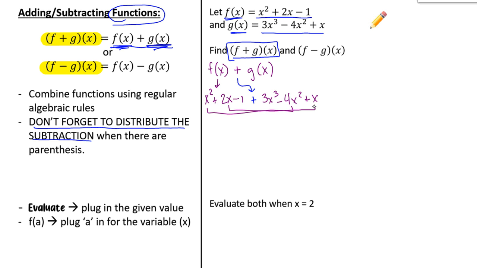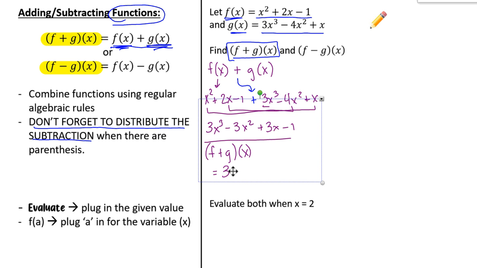These guys and these guys are similar. 3x cubed, nothing, so we're going to have 3x cubed minus 3x squared plus 2x plus 3x altogether, and then minus 1. And this right there is f plus g of x. That's the actual function that's formed by adding those two other functions together.